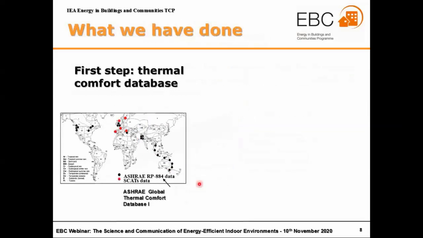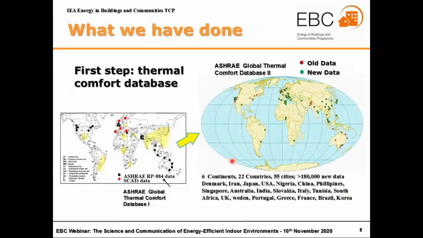So the first step we have done in Annex 69 is to improve our database. We know there is a lack of data from this area, the yellow shadow, so we developed a new database as database 2. The database includes the old data and the new data.